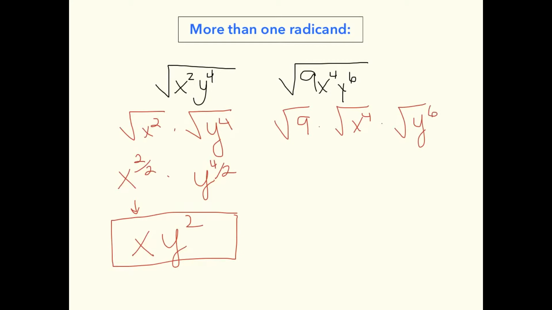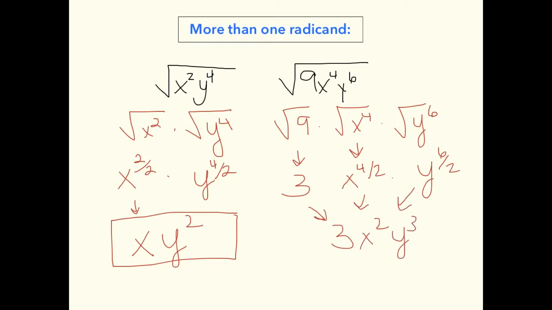The square root of 9, you can find it on your calculator, is 3. The square root of x to the 4th, you can put in rational form, 4 over 2. And then square root of y to the 6th becomes 6 over 2. Then we just simplify. And now we have 3 x squared y cubed.